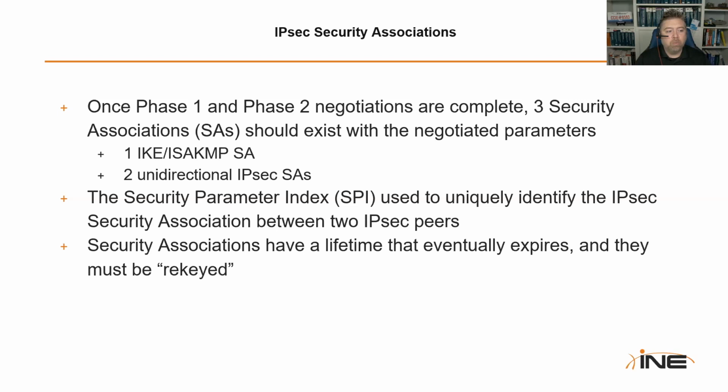And then we use what we call the security parameter index, or the SPI, to uniquely identify the IPsec security association between the 2 IPsec peers.